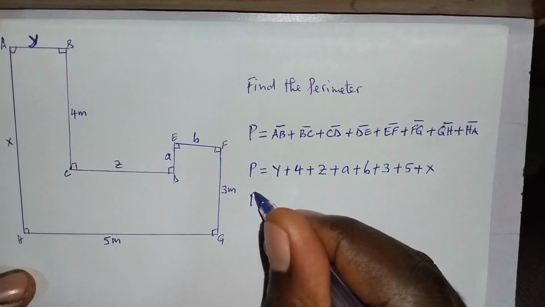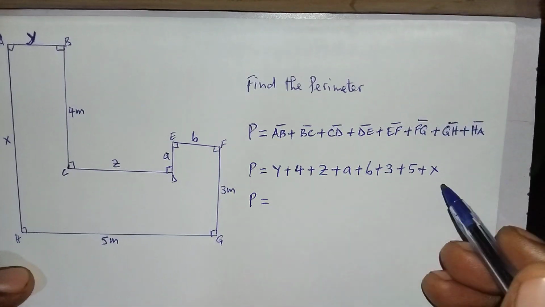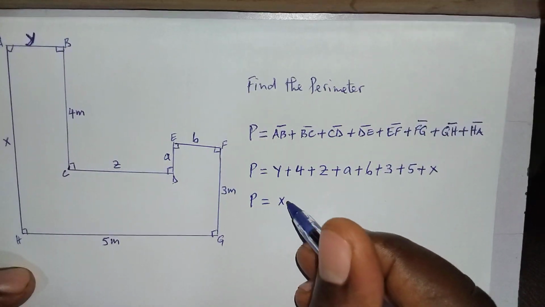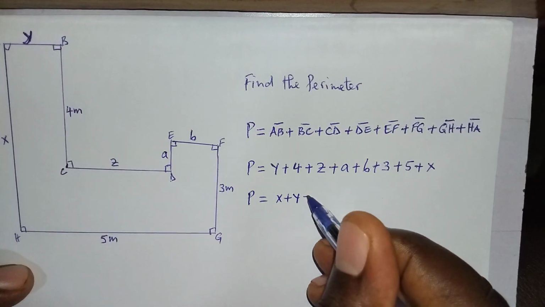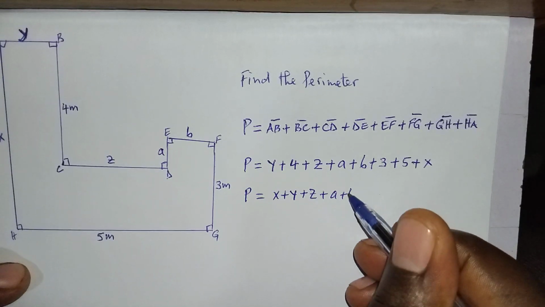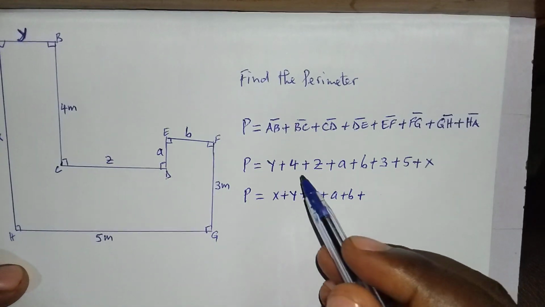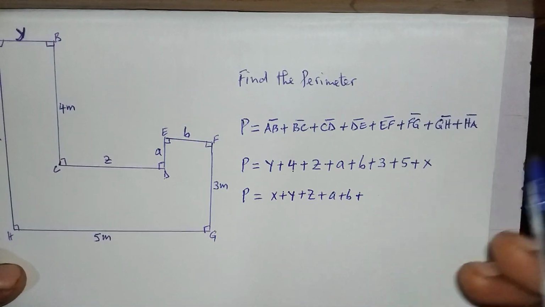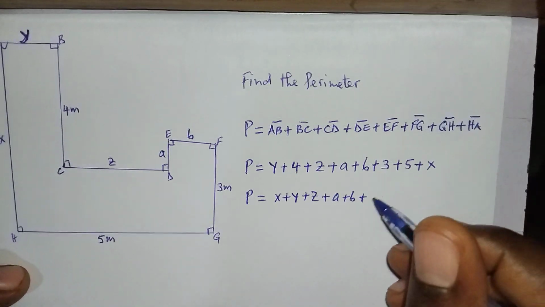So the perimeter is, let's start from this, x plus y plus z plus a plus b plus 4 plus 3 is equal to 7. 7 plus 5 is equal to 12.